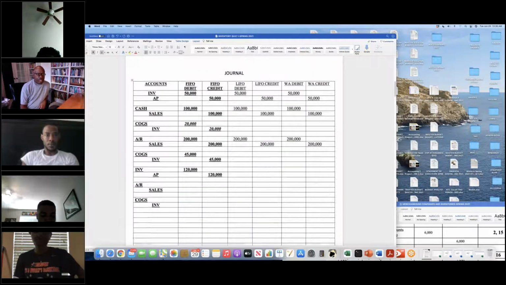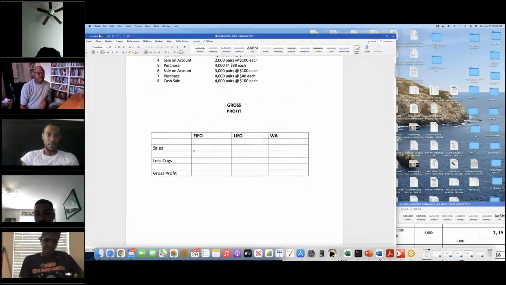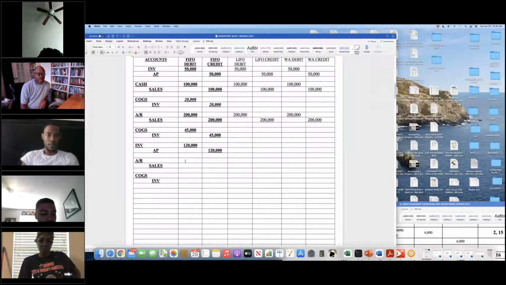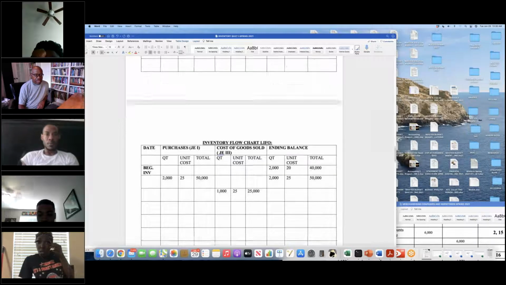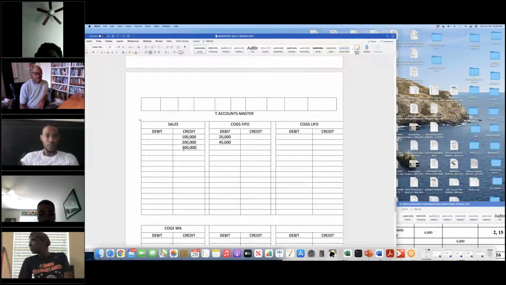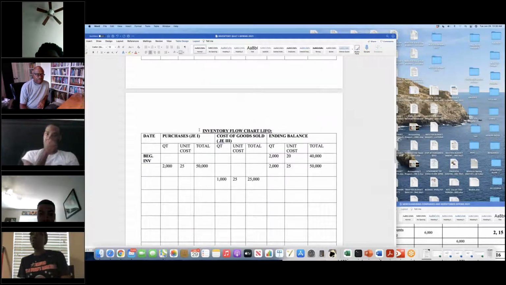So what was the sales amount? 300,000. 3,000 at 100, 300,000. So we're going to debit accounts receivable, 300,000. Credit sales, 300,000. Then what are we going to do? We're going to take that 300,000 and put it down here with sales. So we've got that T account.